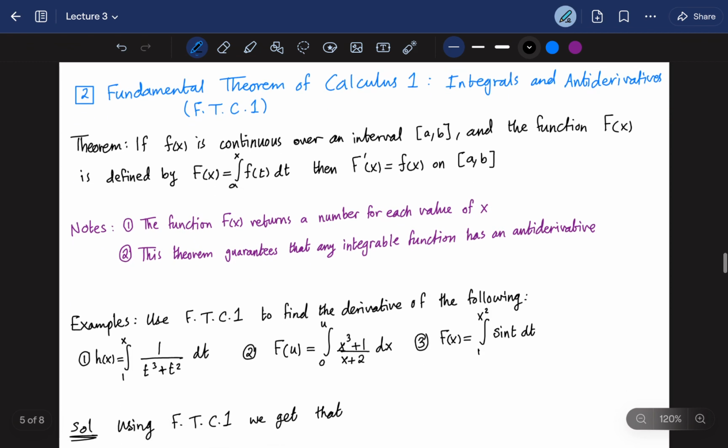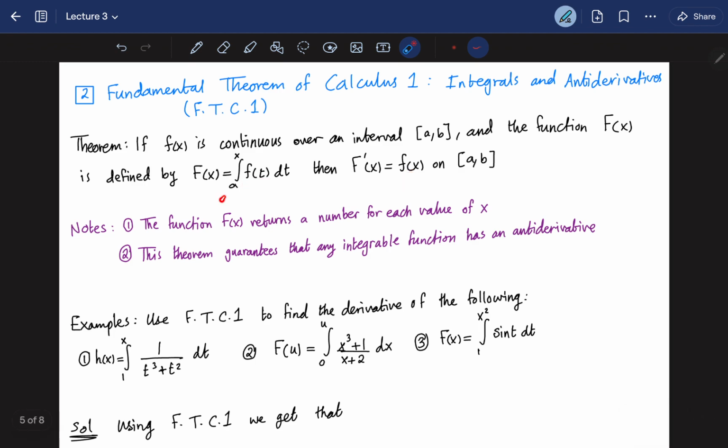Okay, so let's start with our second theorem for this section, which is the fundamental theorem of calculus part 1. So here, if my function is continuous over a certain interval [a, b], and my capital function F here is defined as a definite integral, I can easily find the derivative by just plugging in x inside of my integrand.